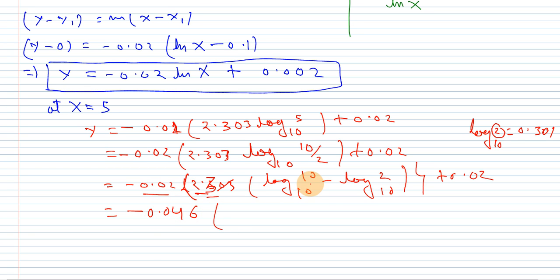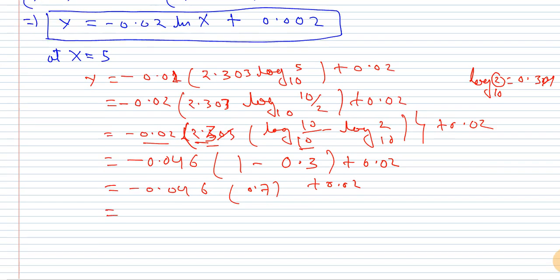And this log 10, because the base is 10 and the x value is also 10, it will become 1, and we know the log 2 value is 0.301, so we will take the approximate value 0.3, so we can do the solution fast, plus 0.02, right? So this will become 0.046 times 1 minus 0.3, which is basically 0.7, and 0.02, right?